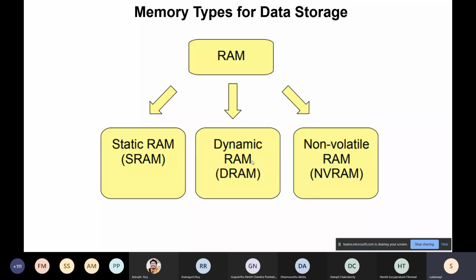But dynamic RAM came up later on, which is actually much faster than static RAM. As I said, there are 6 transistors in SRAM, but in contrast, the DRAM has only one transistor. So there is a huge difference. That means a 6 to 1 reduction in size.